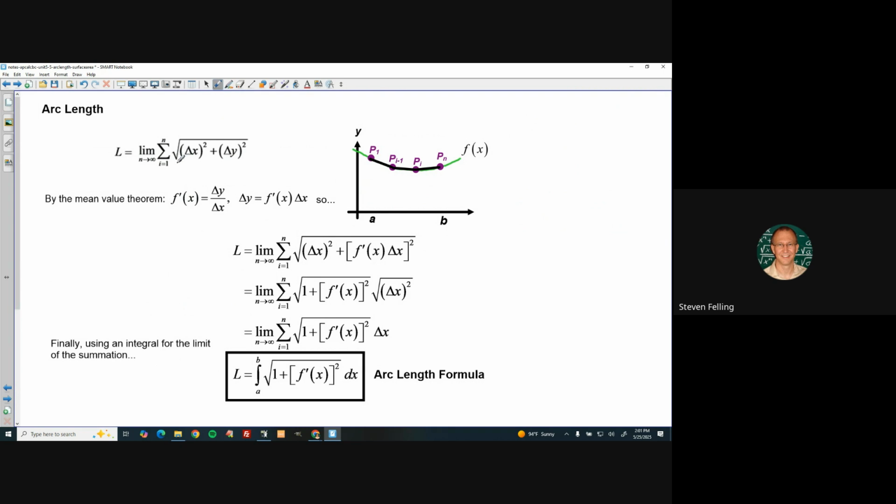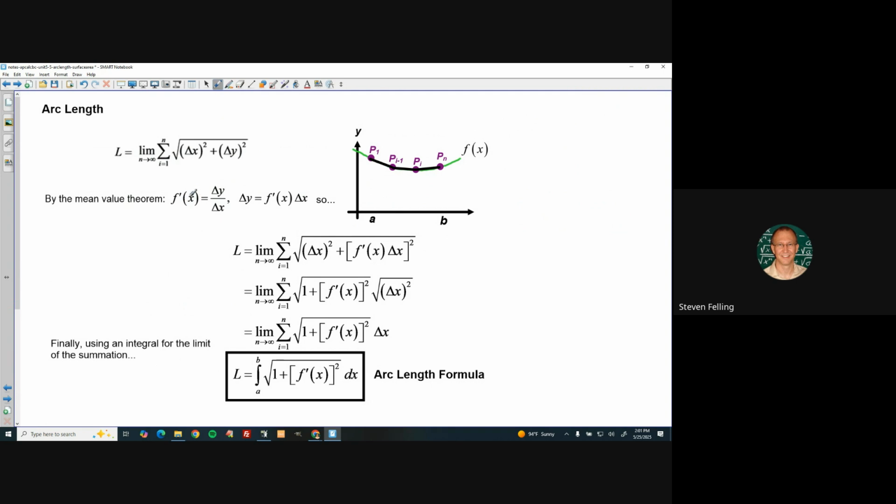I also know, because of the mean value theorem, that if I take any two points here, because this function is continuous over the interval and differentiable, the derivative exists. That means there's got to be some x in each of these intervals where the average rate of change, delta y over delta x, equals the instantaneous rate of change at that x.